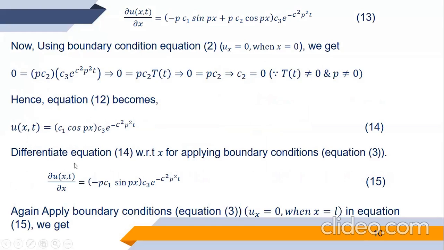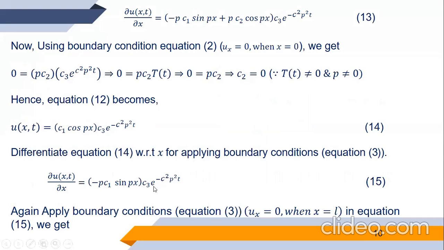Again we apply the boundary condition equation 3. We differentiate equation 14 with respect to x. So therefore del u by del x is minus pc1 sin px c3 e raised to minus c square p square t, which is called equation 15.